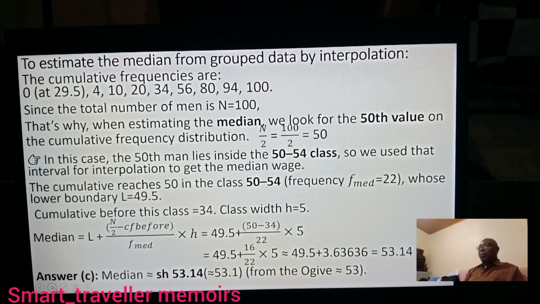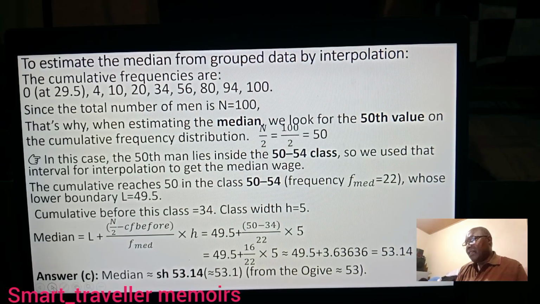You pick the median class where half the value comes. The cumulative reaches 50 in the class 50 to 54. The frequency of the median class is 22, whose lower boundary is 49.5. Cumulative before the class is 34. And the class width is h, which is equal to 5.